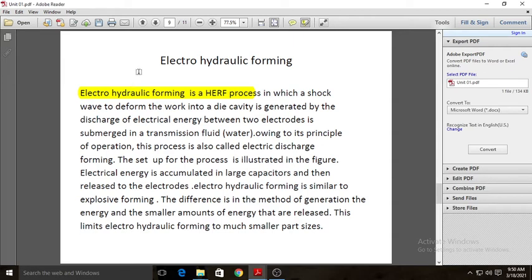I am going to explain this electro-hydraulic forming. It is the process in which shock waves to deform the work material into a die cavity are generated by discharge of electrical energy between two electrodes. Previously we used the energy of the explosion, but here we are going to use the energy from the discharge between two electrodes.